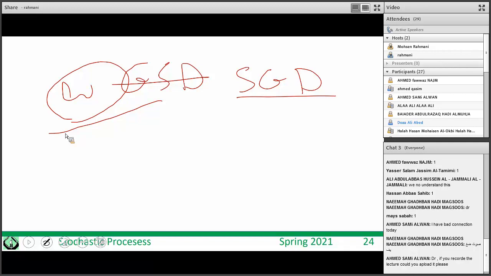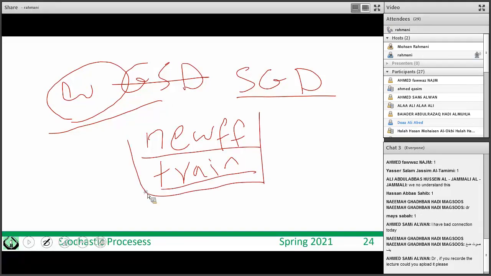For example, in MATLAB, as I said to you, we can use newff and then train. newff gives a function for me, and train is for finding W's.